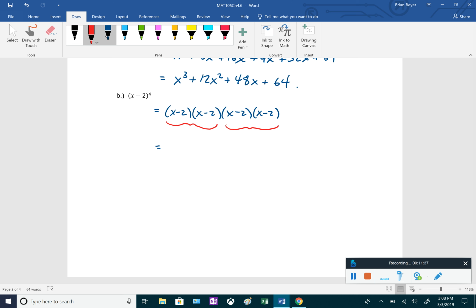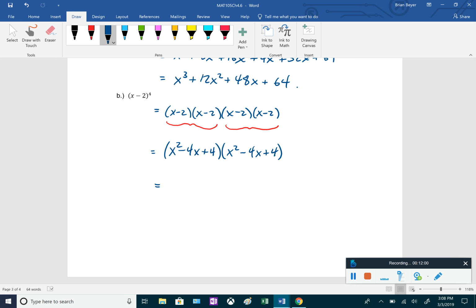So x minus 2 times x minus 2, that's going to give us x squared minus 4x plus 4. Once again, hopefully you can see why I got that. If not, FOIL it out or use the shortcut. So the next one's going to be the same exact thing, x minus 2 times x minus 2.